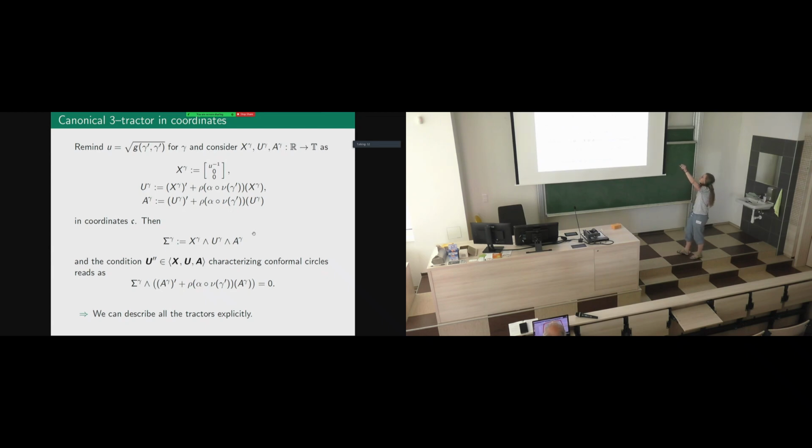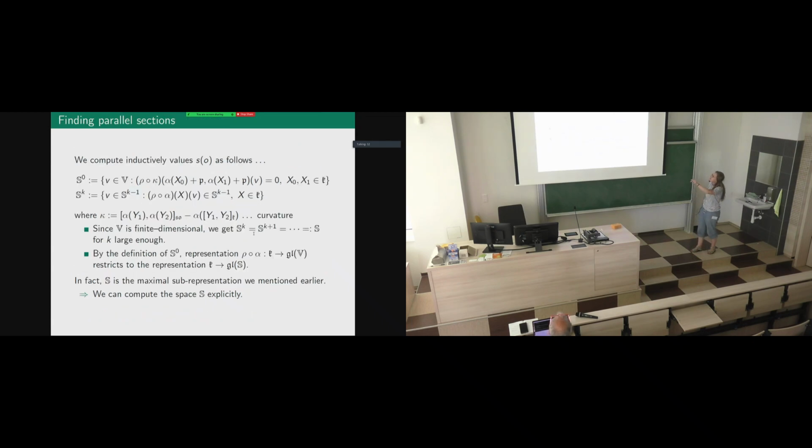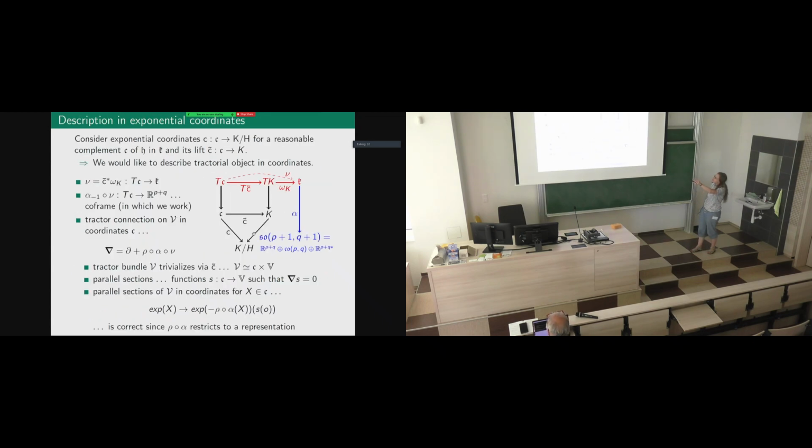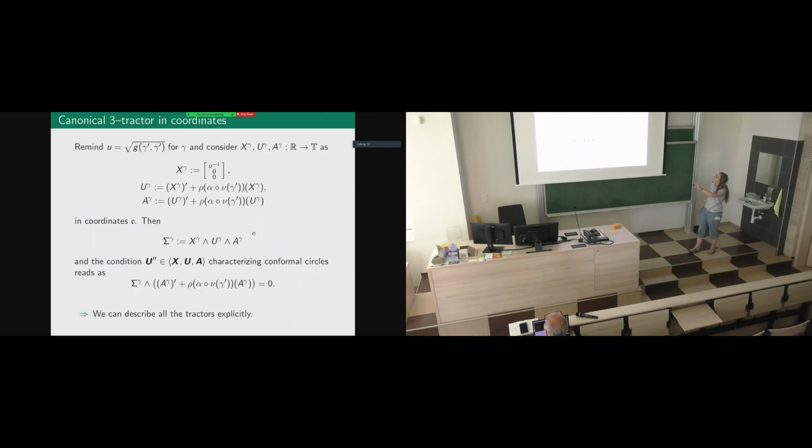So consider this X, U, and A. Tractors are viewed as curves from R to T. This X is my X, and U and A can be written explicitly in this form using the fact that I already know how the tractor connection looks like. And using this, I can write the three-tractor in this way, and the condition characterizing the conformal circles takes this form.